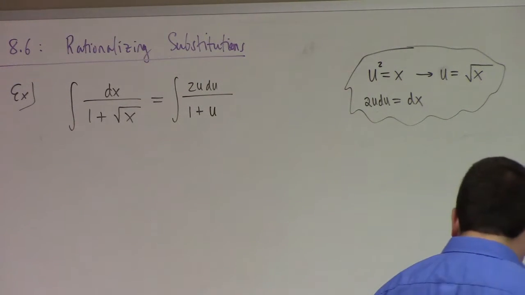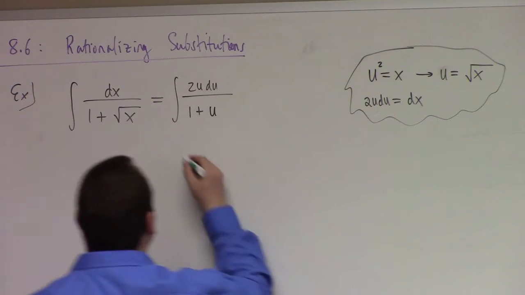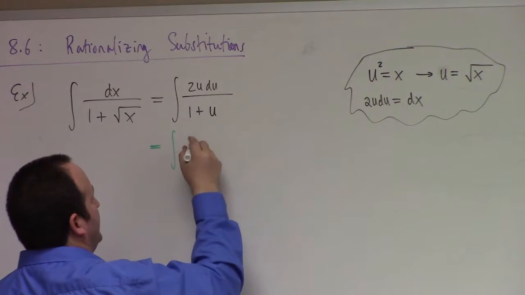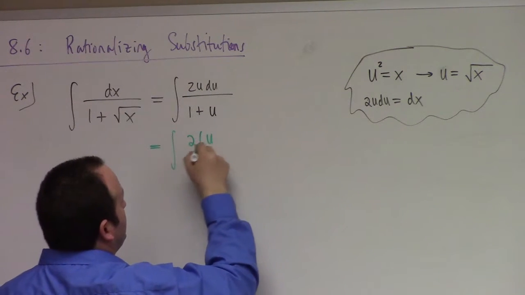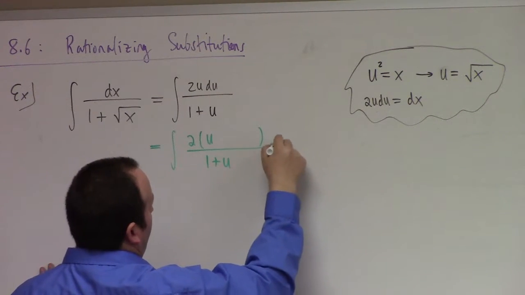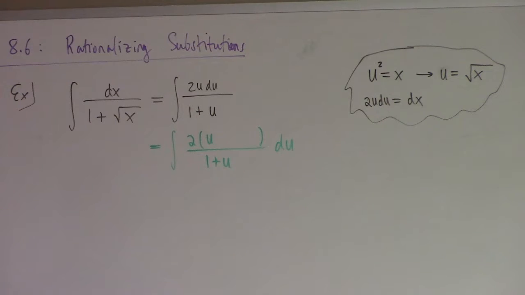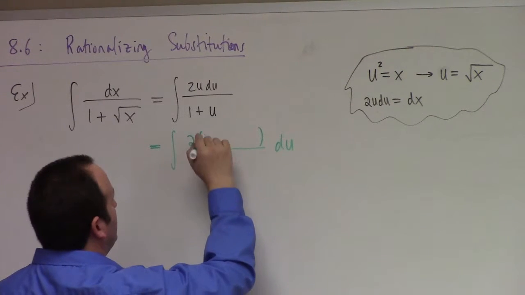The first way I'm going to show you is my trick. It's not really my trick. I don't know who first did this. Who knows? Probably Euler. Euler's a pretty safe thing to say about anything like this. So 2 times u over 1 plus u. But what I want, right, is I want 1 plus u up here too.